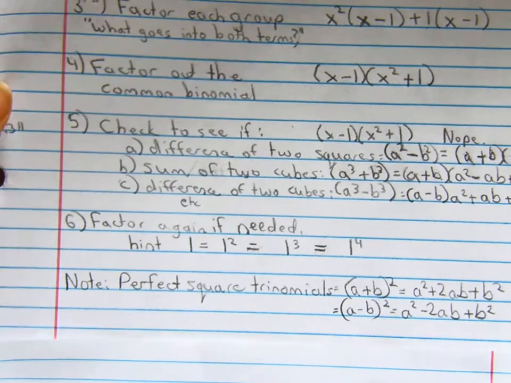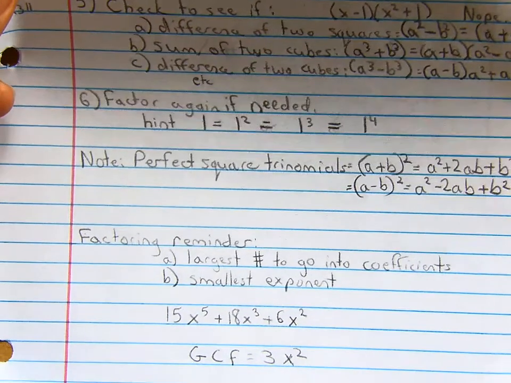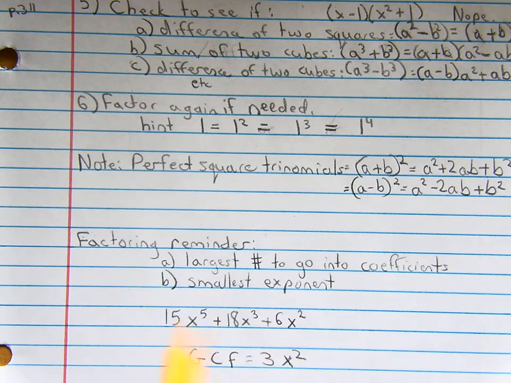Another little reminder when it comes to factoring is that you would use the largest number that goes into the coefficients and the smallest exponent that can go into all of them. So here we have our example. The largest number that goes into 15, 18, and 6 is 3. But for my exponents, I need the smallest exponent, which would be x squared, because x squared can go into x to the third and it can go into x to the fifth, and you just divide everything by this quantity here.